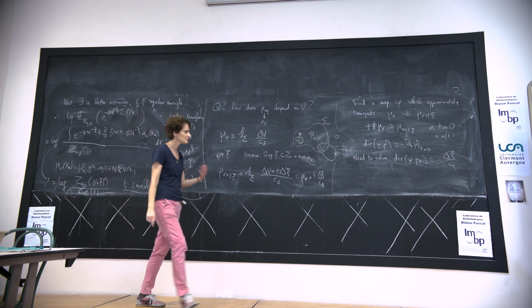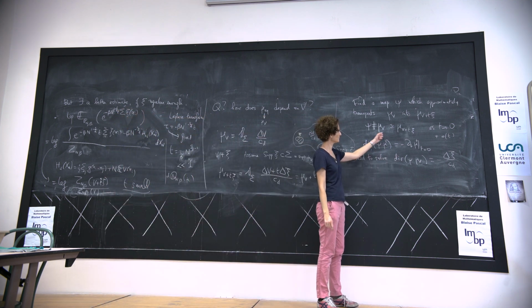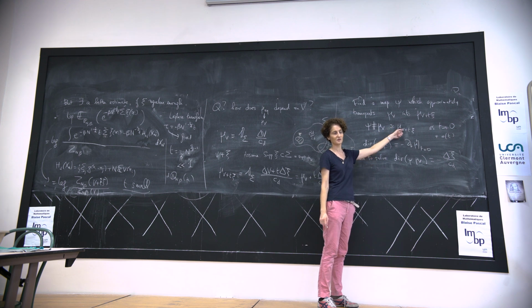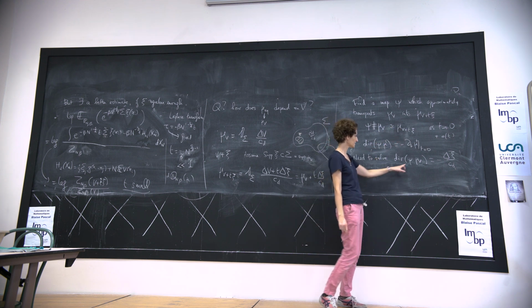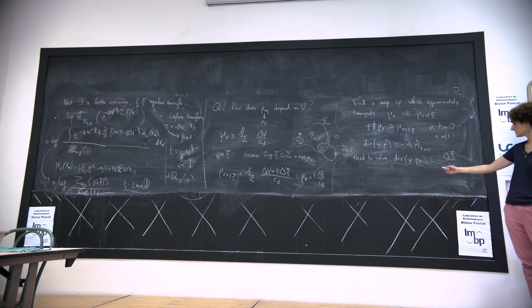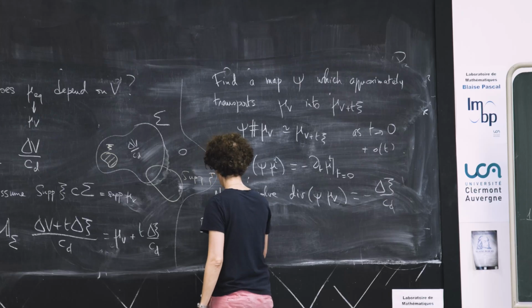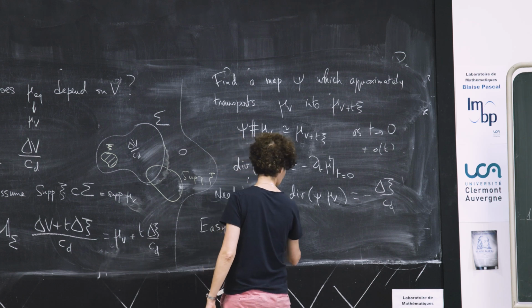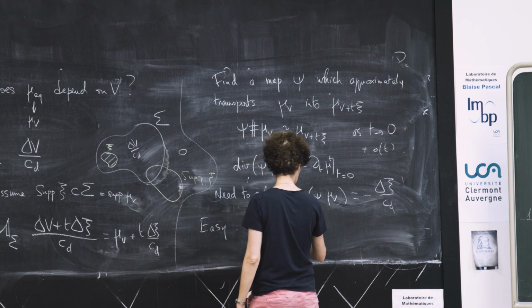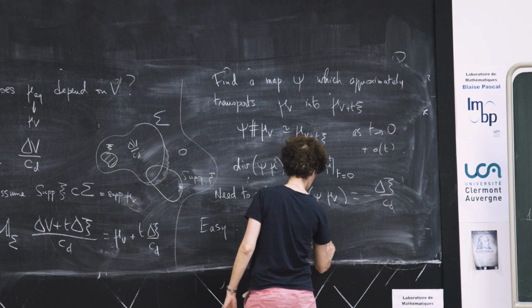So you can check that if you solve this, you've, at first order, solved the transport problem. So this is the linearization of Monge-Ampère. And can we solve this? Well, claim is yes. It's easy. Take psi equals minus gradient xi divided by cd mu v.